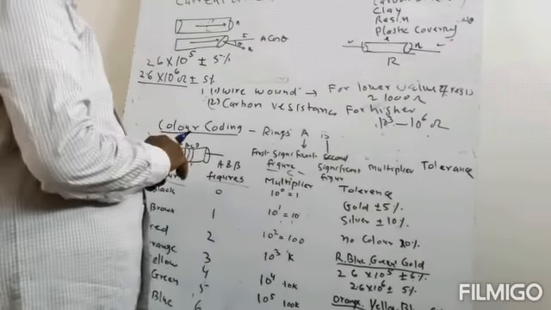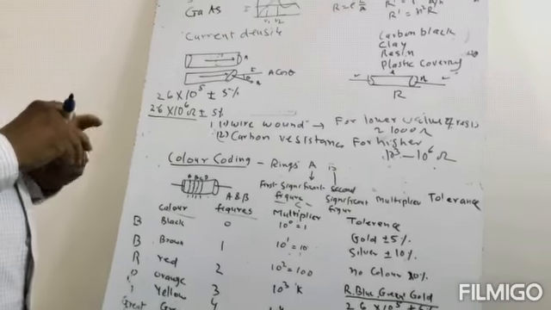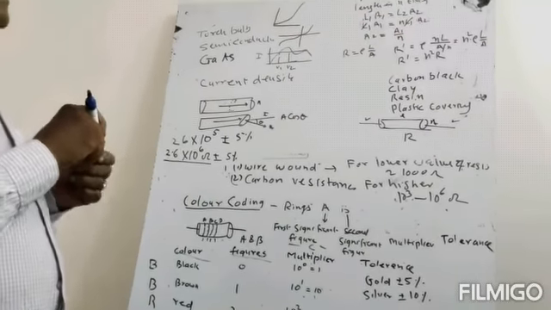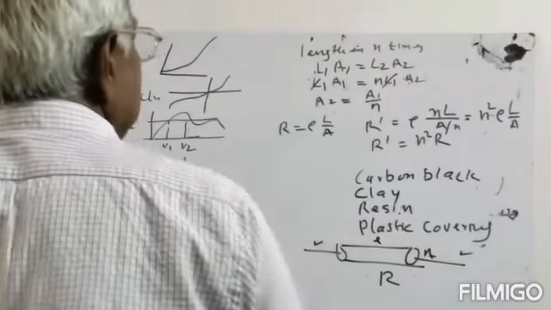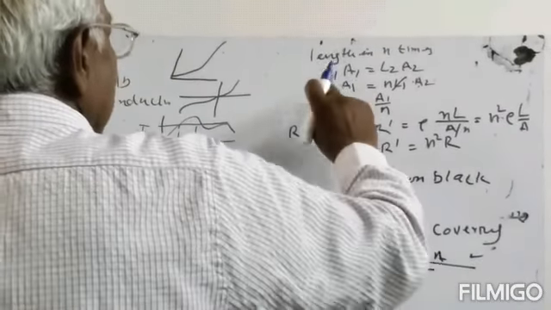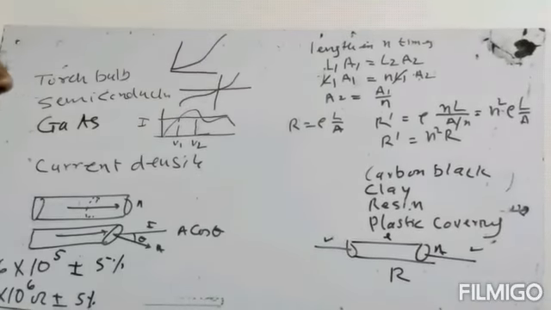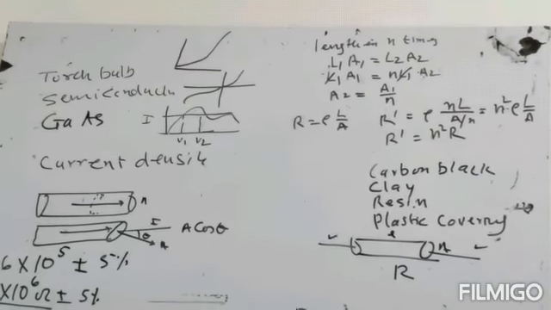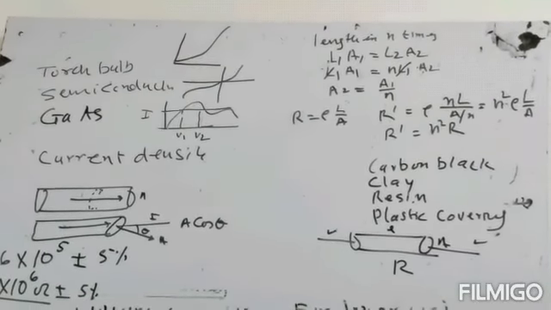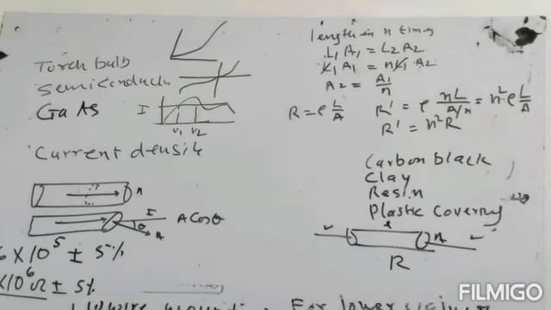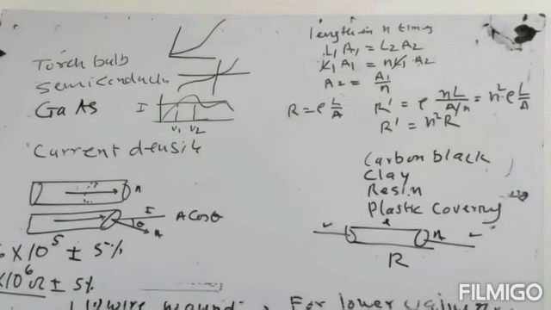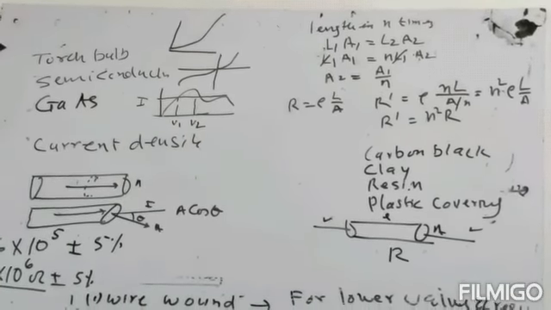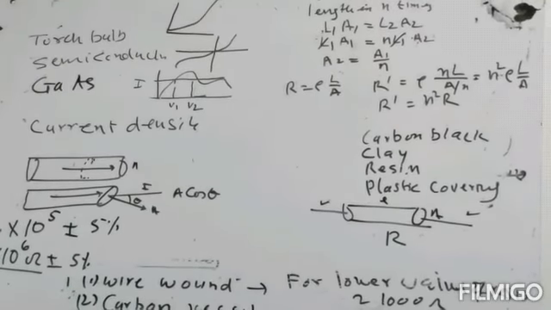Now if we take an example, we are having a conductor whose length is L, whose area of cross section is A. Now we stretch it and the length is made n times the initial length. Then first we will find the area of cross section. Now the volume of the conductor will not change. Volume will be the same, so volume equals length into area.